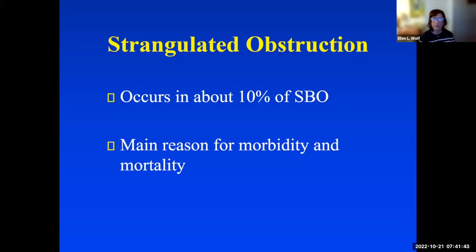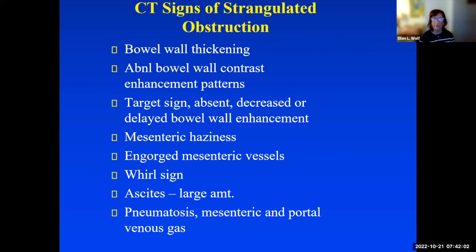So strangulated obstruction occurs in about 10% of patients with routine small bowel obstruction, obviously more common in closed loop obstruction. And strangulated obstruction is the main reason for morbidity and mortality in patients with small bowel obstruction. So we always have to be very wary of trying to diagnose strangulated obstruction.